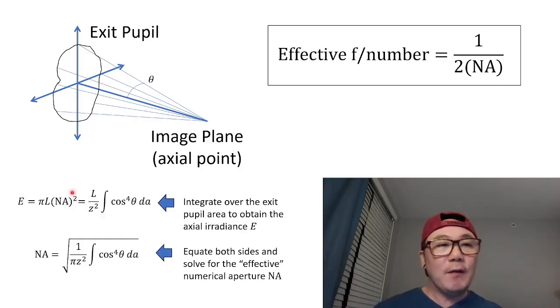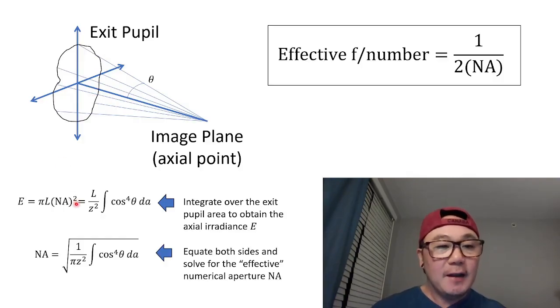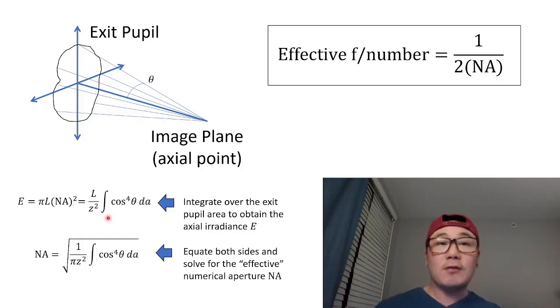But what happens if you have a non-circular aperture, some arbitrary shape aperture? Well, you can also associate that aperture with a kind of effective numerical aperture. And the way you do it is to mathematically arrive at an integral of cosine fourth of this theta, and integrate that around the entire aperture, around the entire exit pupil area.